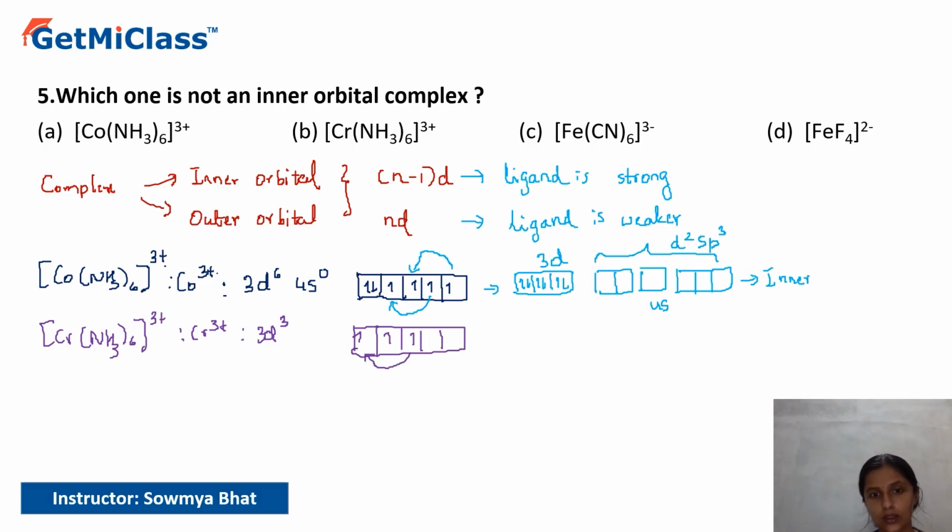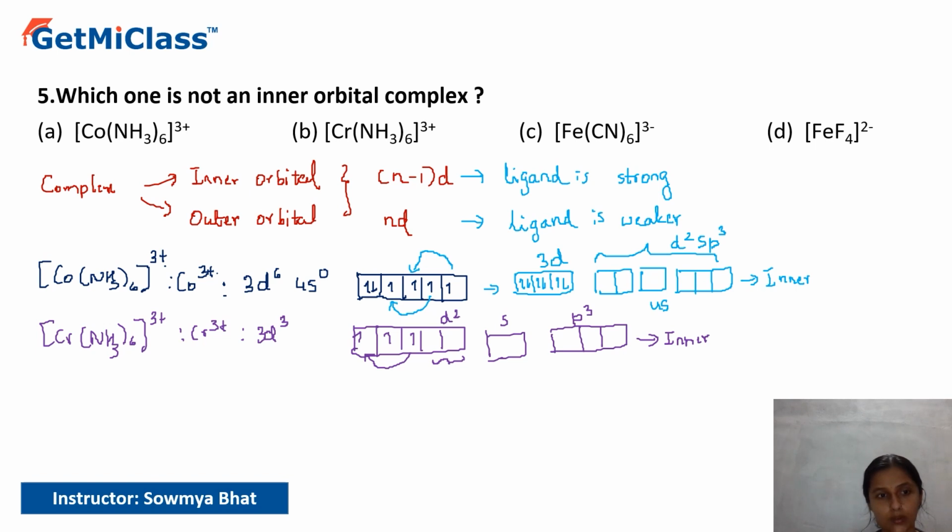As a result, you have these 2 orbitals, along with the 4s and 4p orbitals. So this is going to form d2sp3 hybridization, which is again an inner orbital complex.